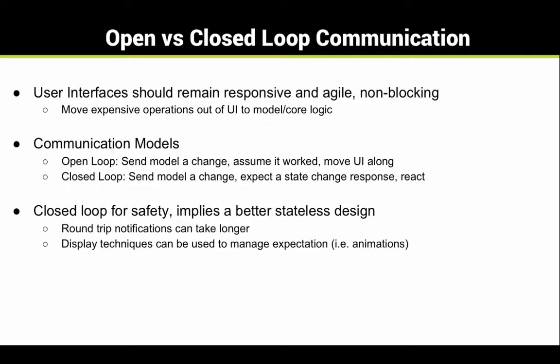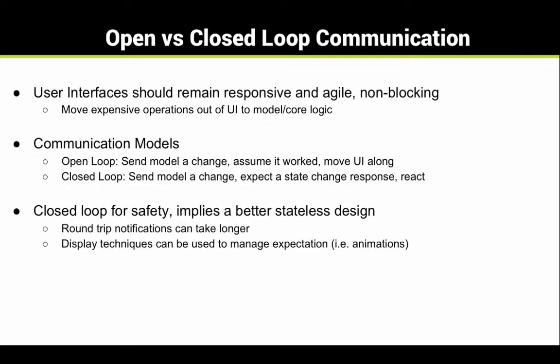So I'm going to take a quick moment here to talk briefly about open versus closed loop communication, in the context of a user interface. In general, when we're building user interfaces, we're looking for them to be agile and responsive.